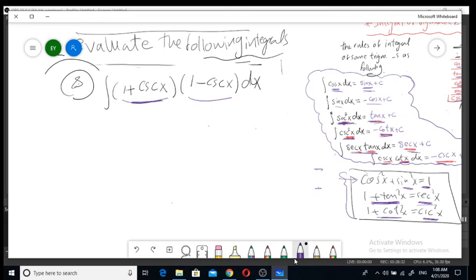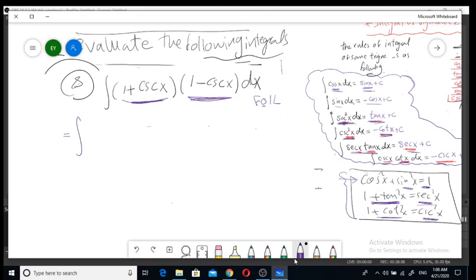We have a product of two brackets, so we can simplify by using FOIL. So we are going to multiply the first times the first, then the outer, then the inner, then the last term by the last term.